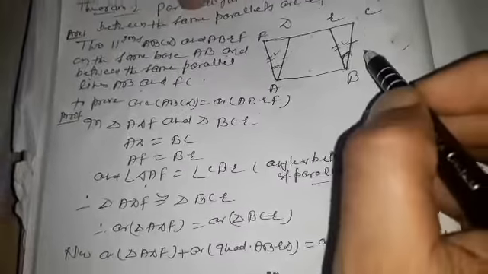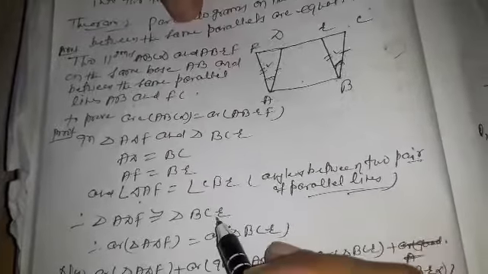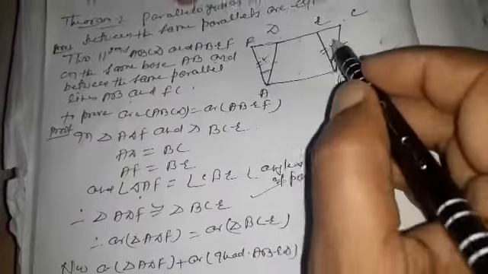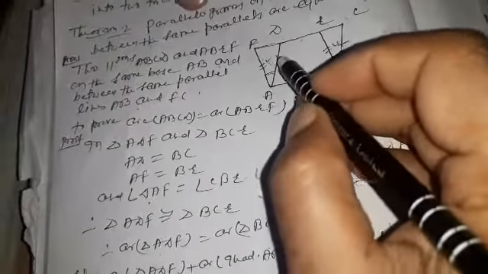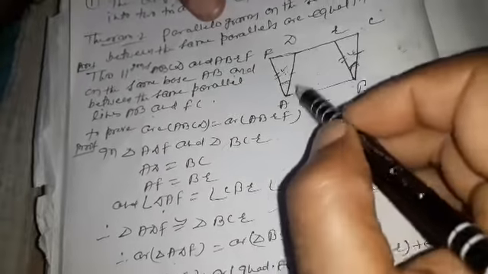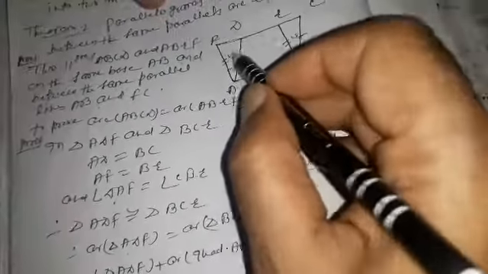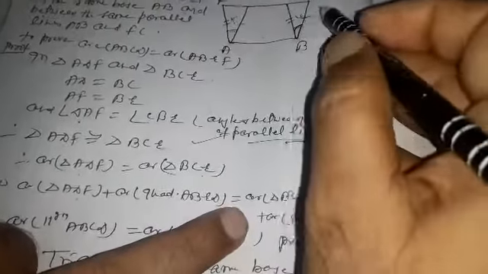And AD is equal to BC and AF is equal to BE. So by SAS criteria both triangles are congruent. And we know that two congruent triangles have equal area. So area of triangle ADF is equal to area of triangle BCE. Now if we add the area of quadrilateral ABED to both triangles, we get area of triangle ADF plus area of quadrilateral ABED, and area of triangle BCE plus area of quadrilateral ABED.